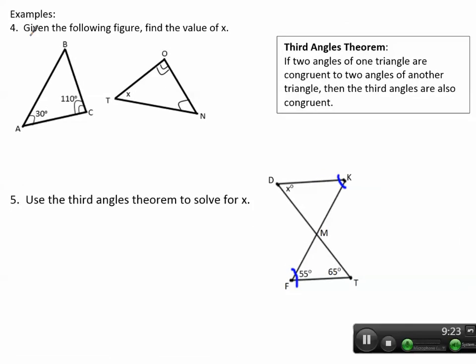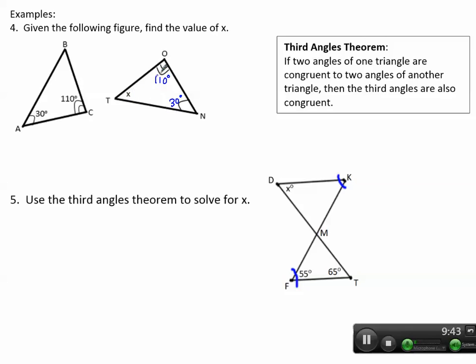How about number 4? Given the following figure, find the value of x. Well, I see congruent marks. So this one congruent slash says 30 degrees, therefore this one congruent slash says 30 degrees. This double congruent slash says 110, so this one has to be 110 degrees.